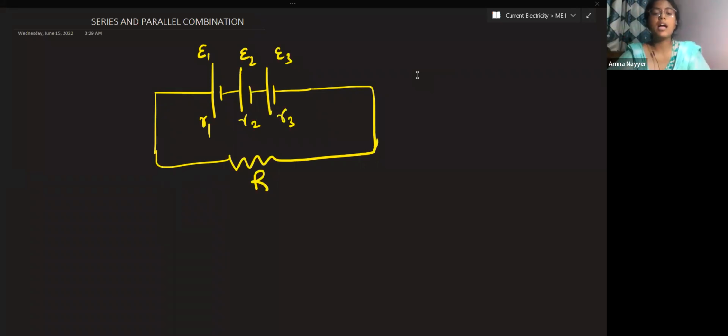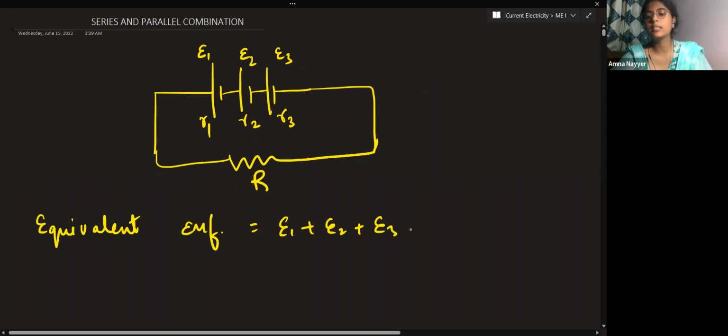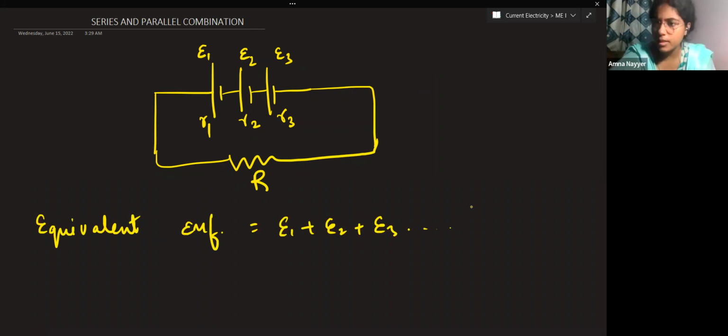So when you are asked to write the equivalent EMF, you will simply add all these, E1 plus E2 plus E3 up till so on, how many are provided to you. For example, let's say n number of cells are provided. So you will add E1 plus E2 plus E3 up till En.